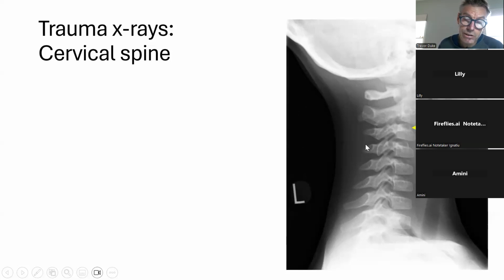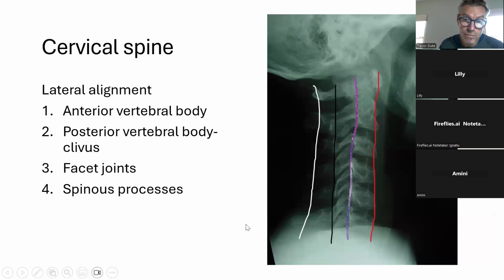And in this child, these were the X-rays of this particular child, and you can see that there seems to be a gap between this is C1, C2, this is C3 vertebral body, and it looks like C2 is subluxed anteriorly on C3, but actually that's a relative, it's called pseudo-subluxation, and that's a normal finding on a cervical spine X-ray.